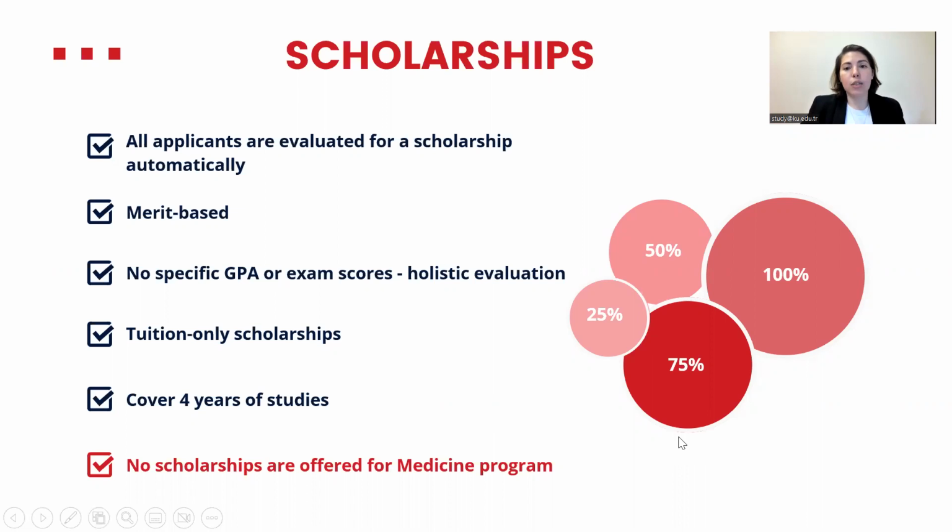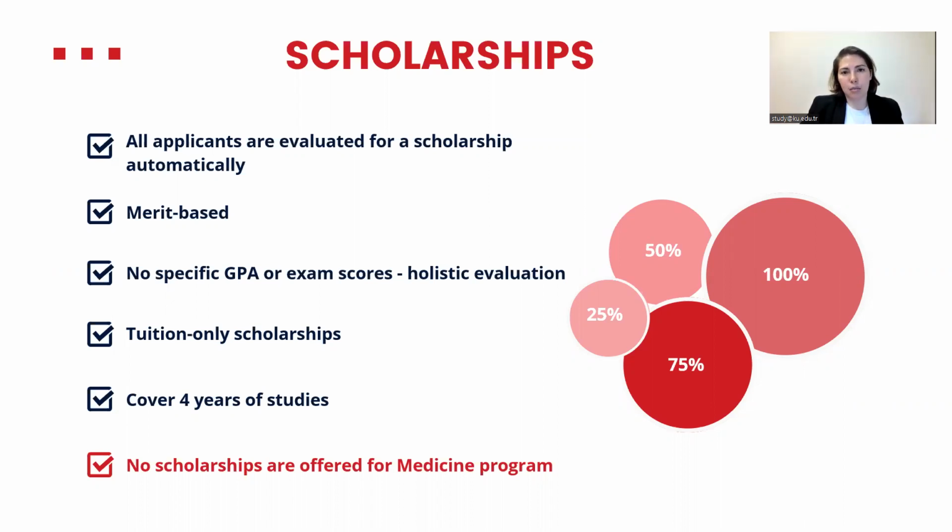One thing that cannot be done, though, is that, for example, if you were admitted with a 50% scholarship, you cannot later request the university to increase that scholarship to, for example, 75% or 100% based on neither merit. For example, even if you have a GPA of 4.0, you're a perfect student, or on financial need, that is not possible.